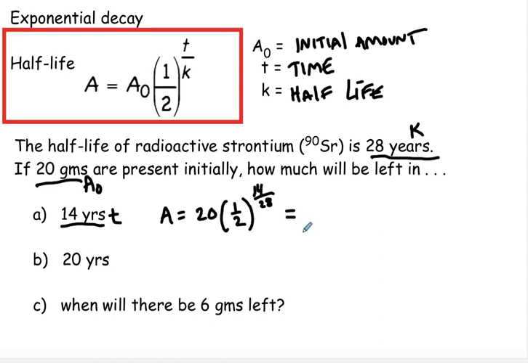If you type that in your calculator, again, control divide is very handy when you want to do fractions. Okay, I got 14.1421 grams. So we started with 20 grams. 14 years later, we still have about 14 grams.